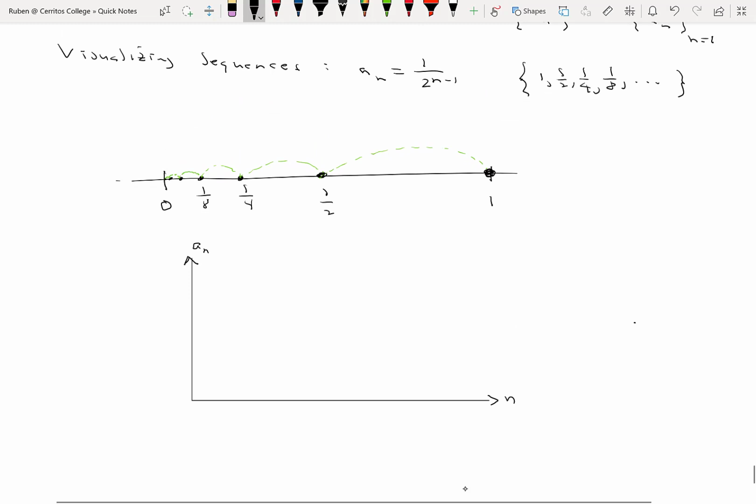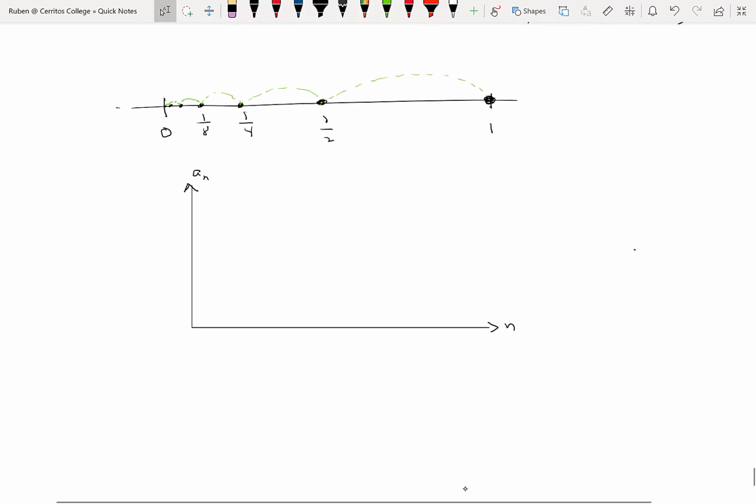So when n equals 1, I'm looking at a value of 1. When n equals 2, I'm looking at a value of 1/2. When n equals 3, I'm looking at a sequence value of 1/4, etc. And this gives you a way to see what the terms in the sequence are doing.